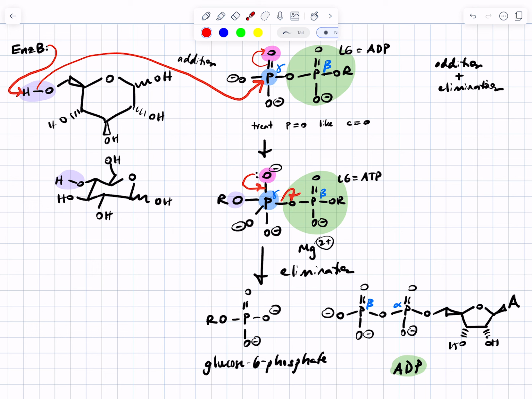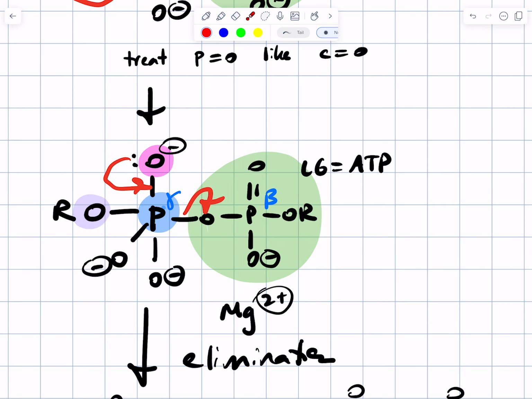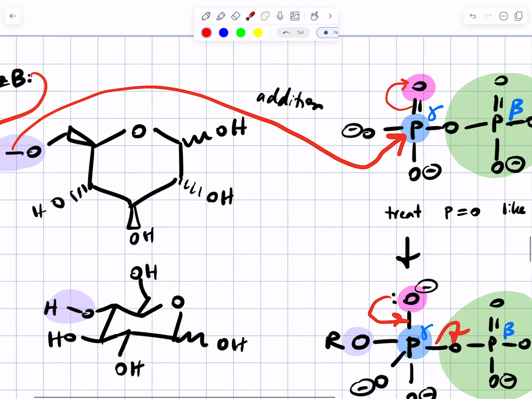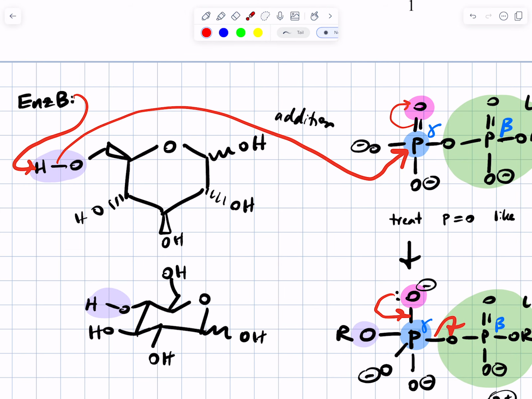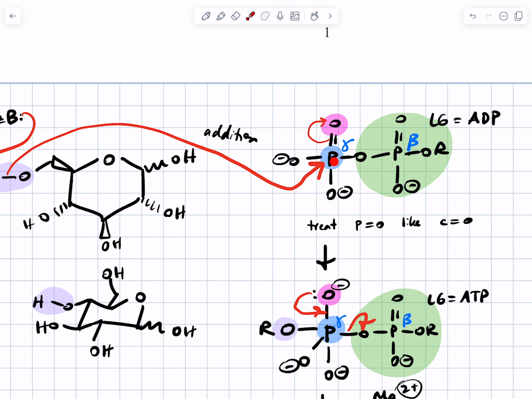Can you explain why the lone pair on the oxygen attacks the phosphate? This step? Yeah. Okay. So the alcohol oxygen is nucleophilic because it gets deprotonated and has extra electron density. The phosphorus is electron poor because it's attached to a good leaving group.